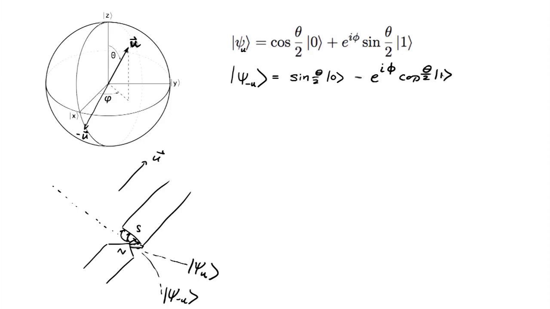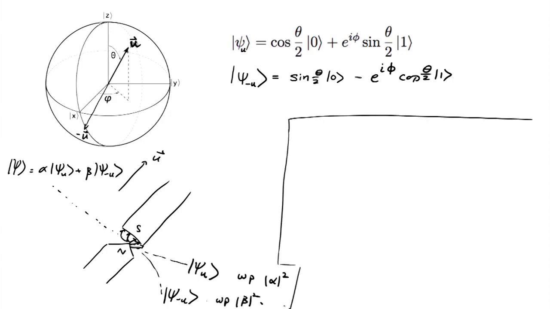Of course these are two orthogonal states of the spin qubit, and so if our original state psi of this electron was alpha psi sub u plus beta psi sub minus u, then if you measured which direction the electron went after going through the Stern-Gerlach device, you would see it here with probability alpha squared and here with probability beta squared.